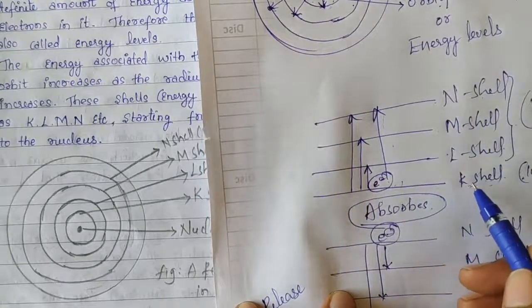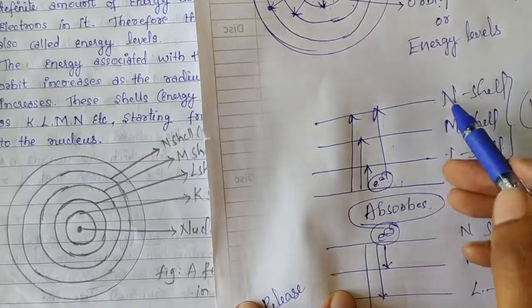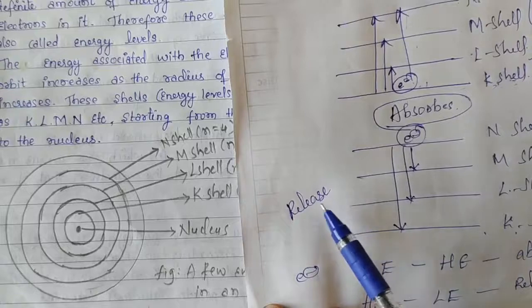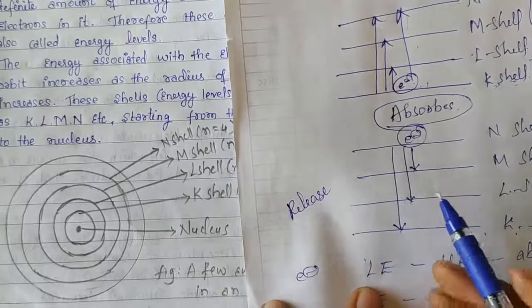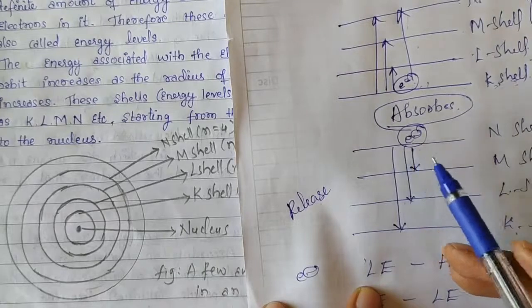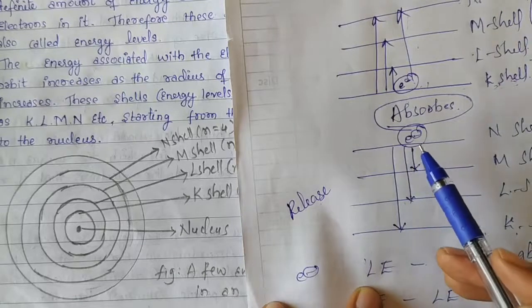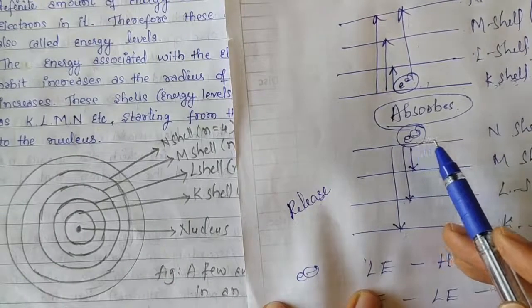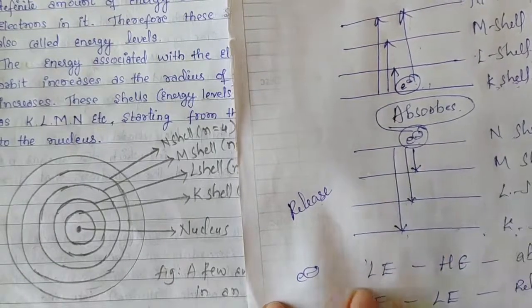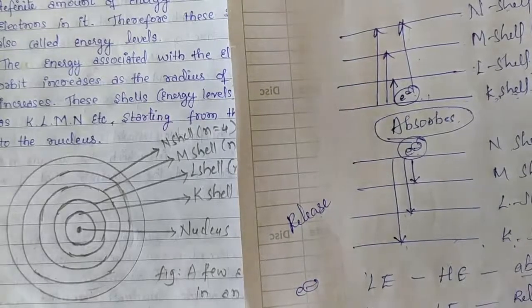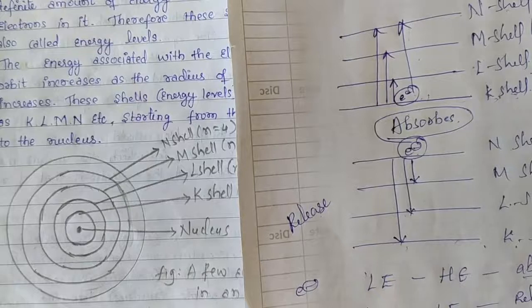While calculating the amount of energy released, we subtract the energy of the initial, higher to lower, the energy of the N shell minus the energy of the K shell. Like this we can calculate the amount of energy absorbed or released when an electron changes its orbit.